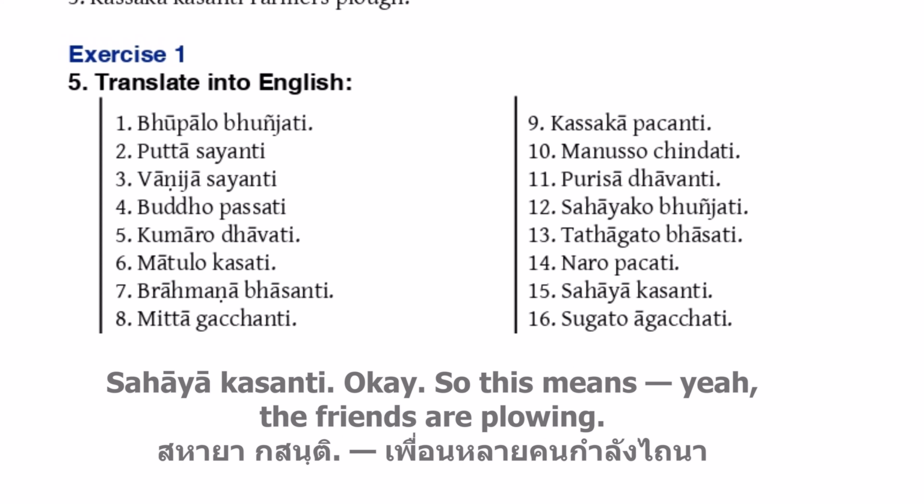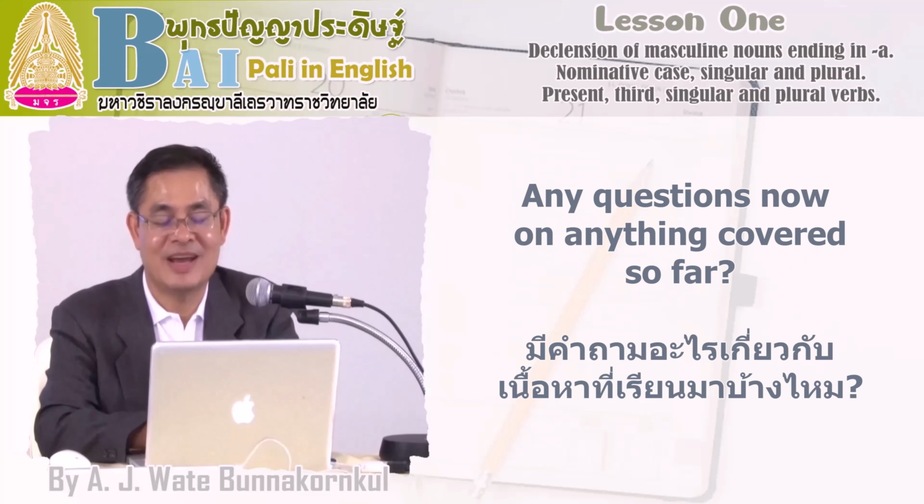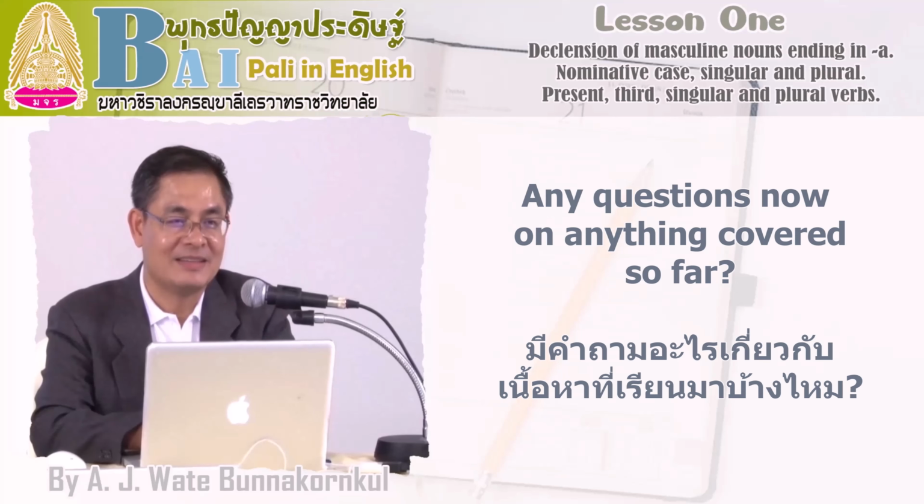Sahaya kasanti. Okay, so this means, yeah, the friends are plowing. Then sentence 16. Sugato agacchati. Sugato is coming. Sugata is the Buddha. The Buddha is coming. Okay, so this is lesson 1 now. I think we've completed lesson 1. Any questions now on anything covered so far?